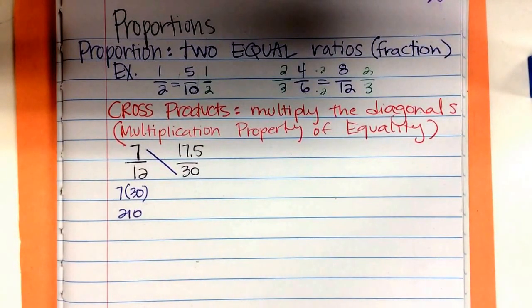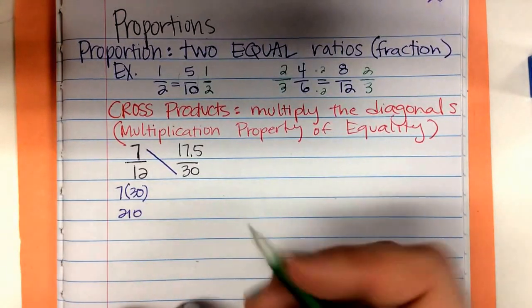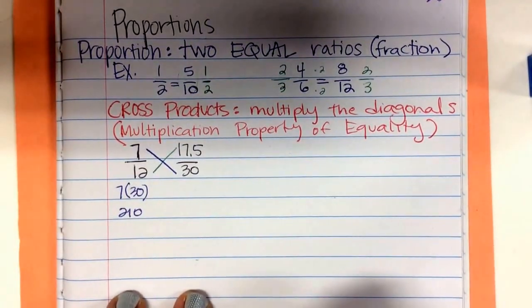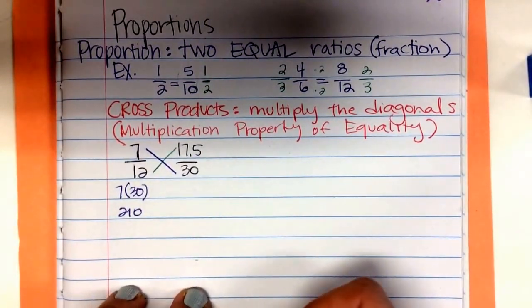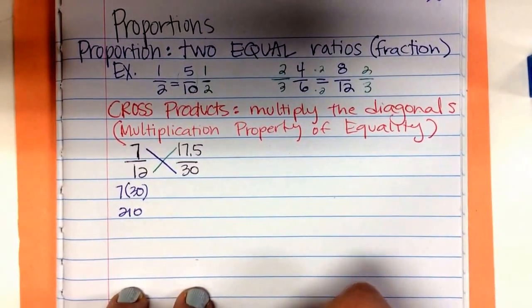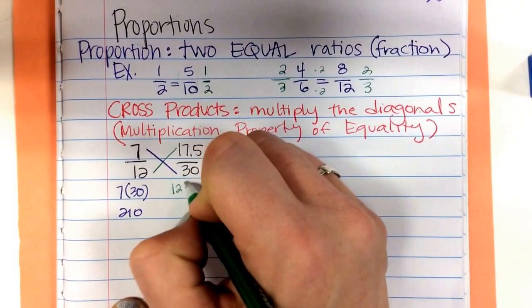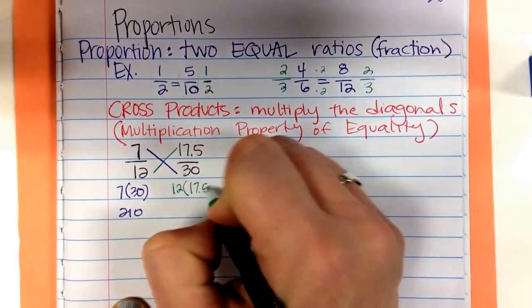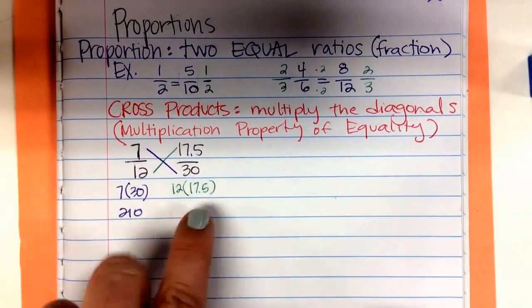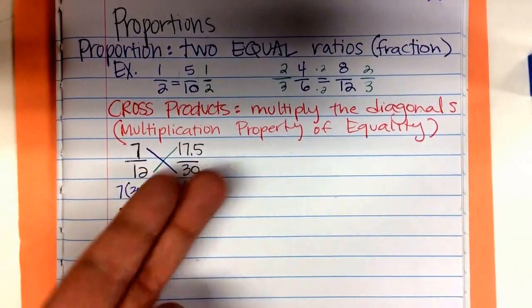Then what else am I going to do? Skylar? 12 times 17.5. Could I do 17.5 times 12? It doesn't matter because it's multiplying, right? Do you remember what property that is? Perfect. The commutative property of multiplication tells me it doesn't matter which way I multiply.